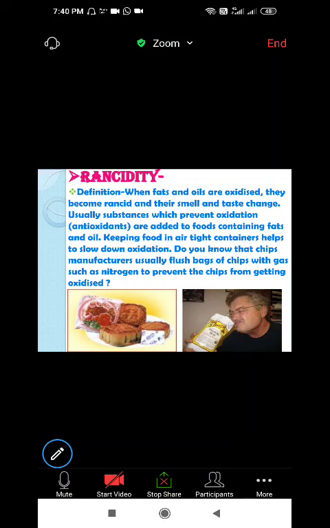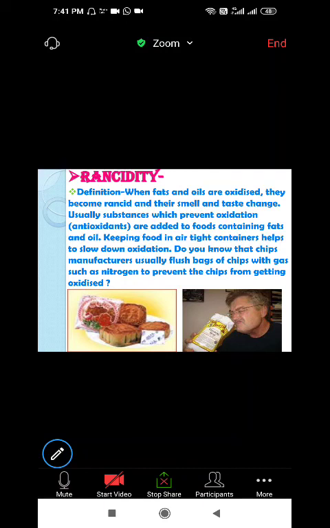Understood? So that is what exactly we mean by rancidity, right? When food gets spoiled, what exactly happens? It smells very bad, right?